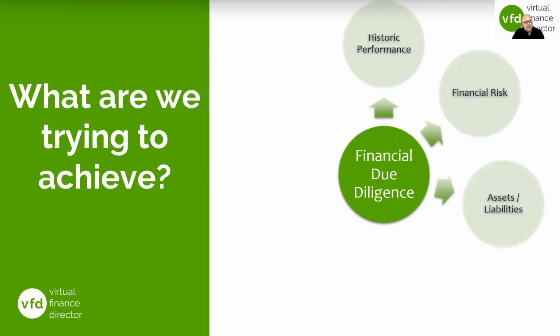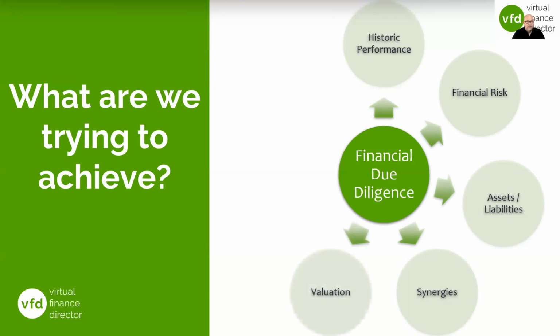We want to understand the state of play with regards to the business's assets, liabilities, and any contingent liabilities on their balance sheet. We want to be able to evaluate any potential synergies. So if we're buying a business, whether it's a horizontal or a vertical integration, we want to understand how that business can add value to our existing business if we have one.